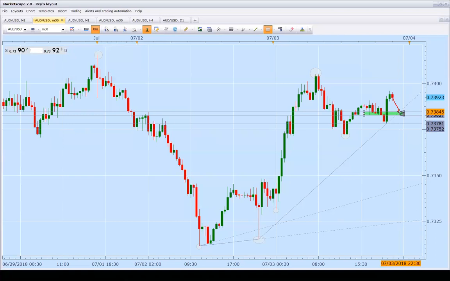Okay, so that's simply within the constraints of an uptrend.